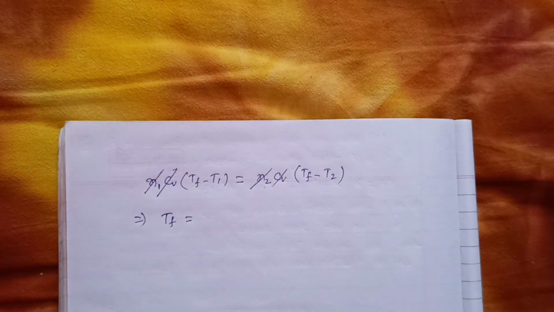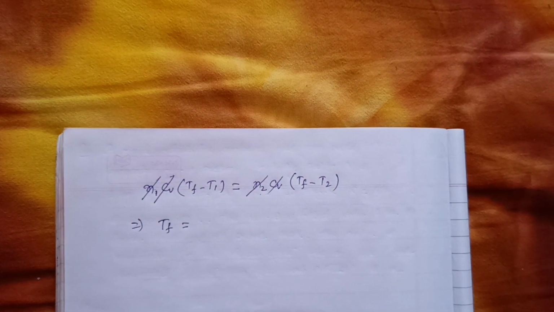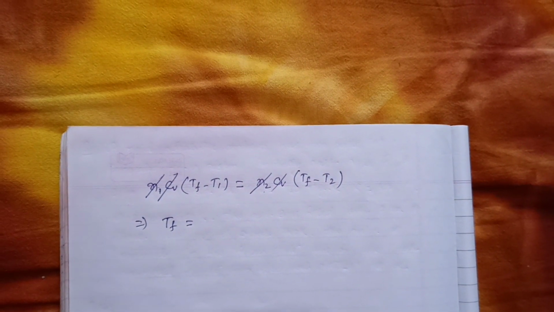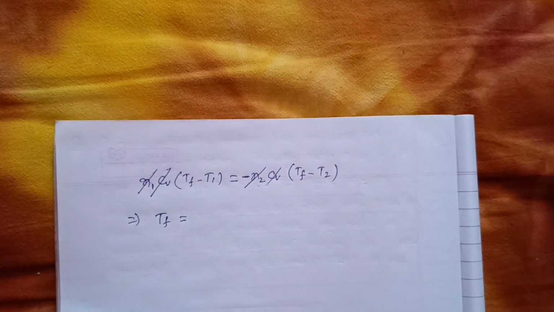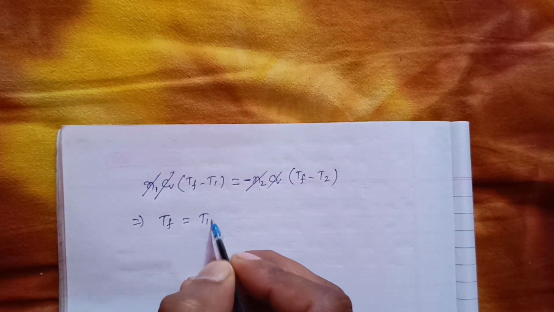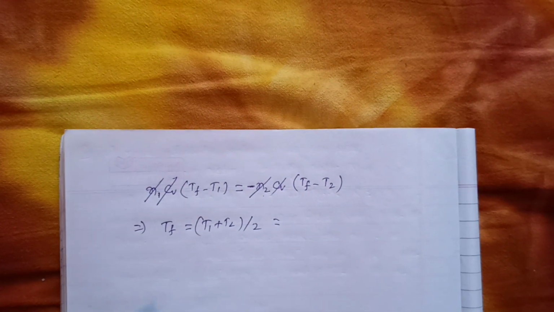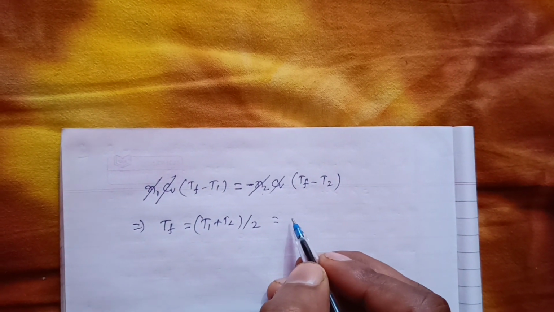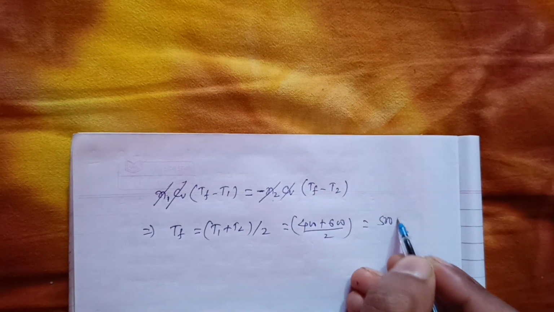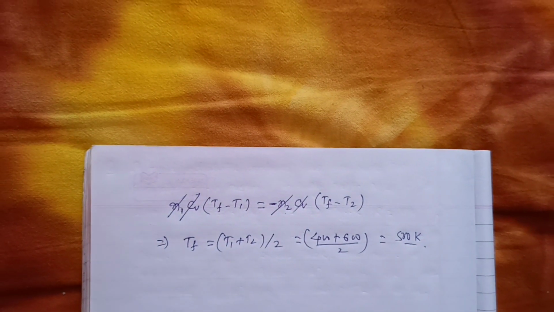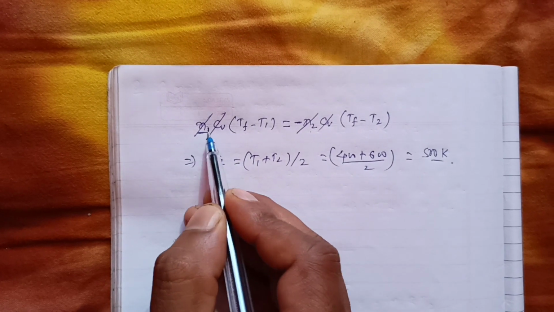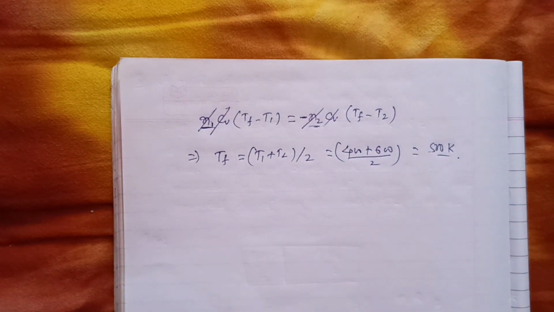There is a slight trick here: since one has to lose and the other has to gain, we can put a negative sign on one side. So T final equals T1 plus T2 by 2, which is 400 plus 600 by 2, equal to 500 Kelvin. This became simple because the N1 and N2 values were the same.